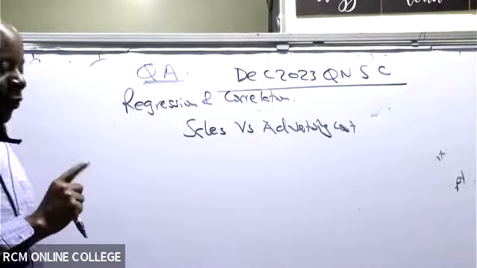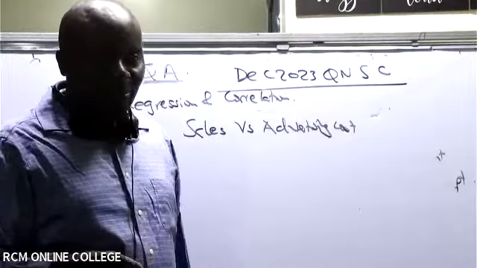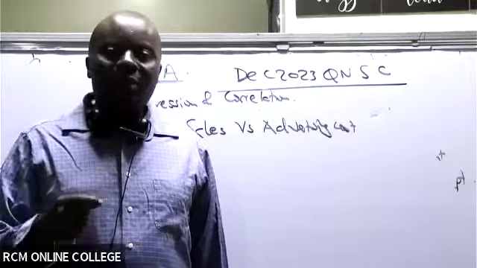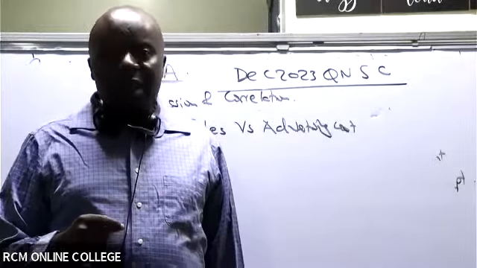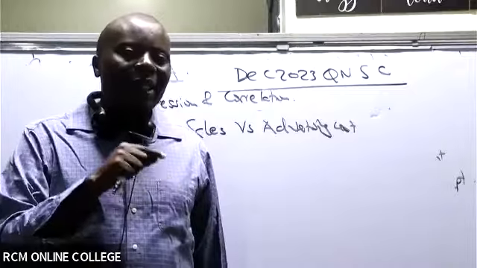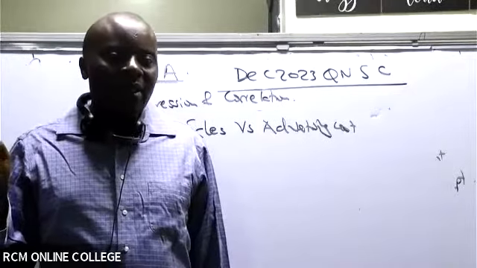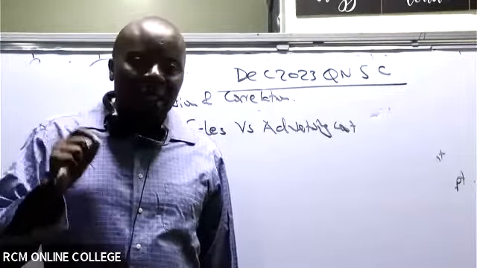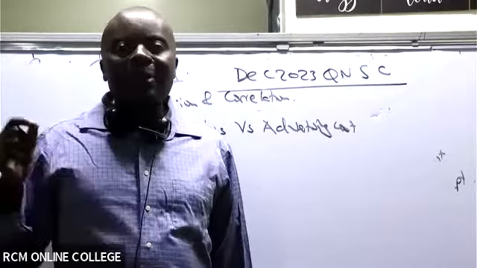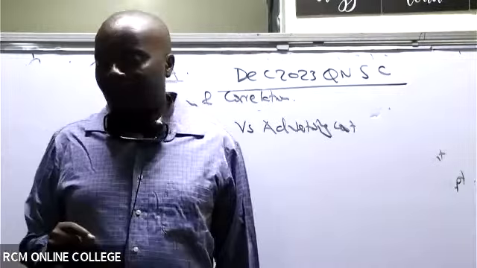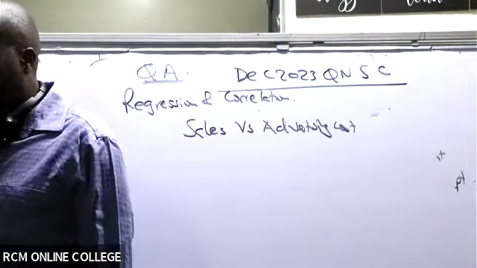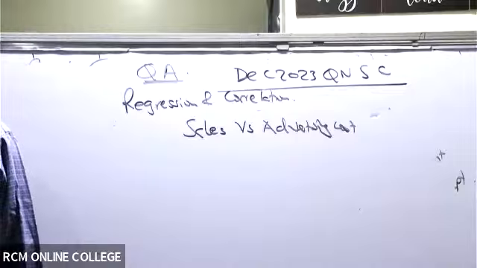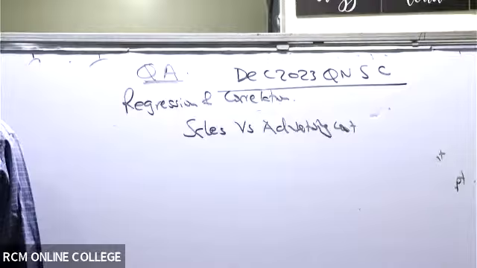Here you will have to look at the responding variable, the one that responds to the other. So let me put this question to you. Is it true that advertising cost depends on sales, or is it the other way around? Which one do you think responds to the other?